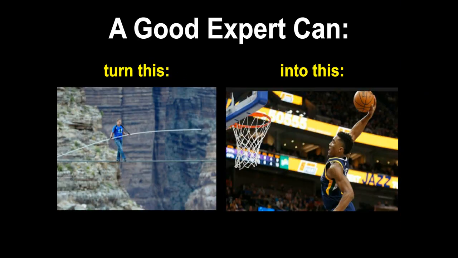And finally, a good causation expert can turn something that may be a tightrope walk into a slam dunk. He can help you make your case effectively and to target your courtroom strategy so as to allow you to have the most latitude and the most effective approach to trying to make your point.